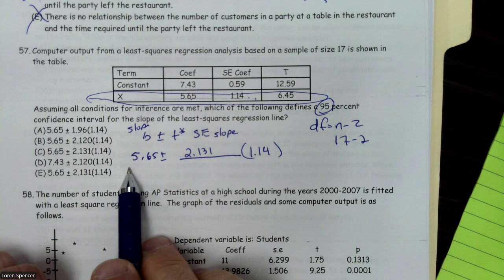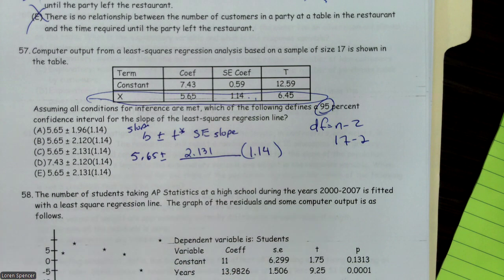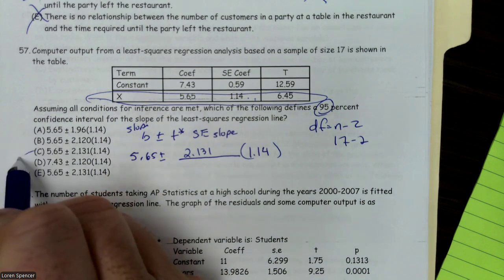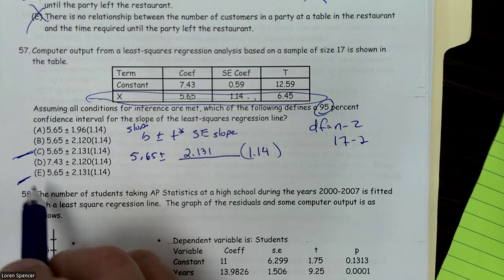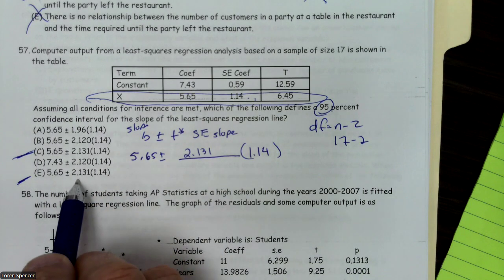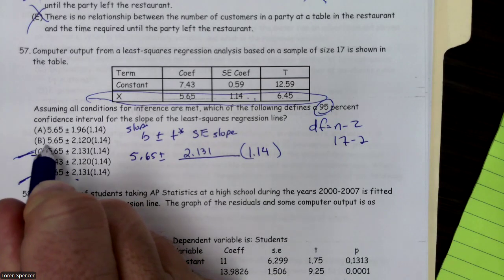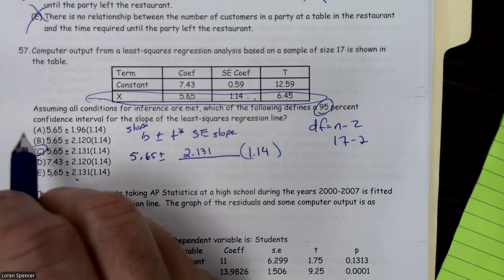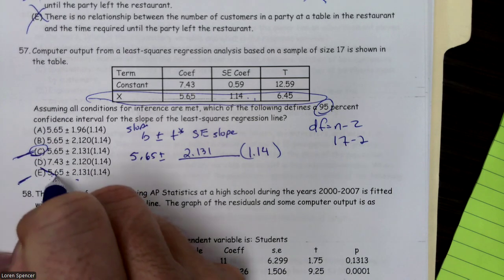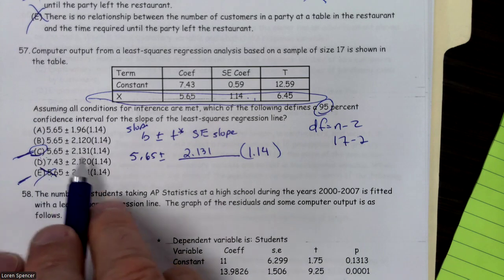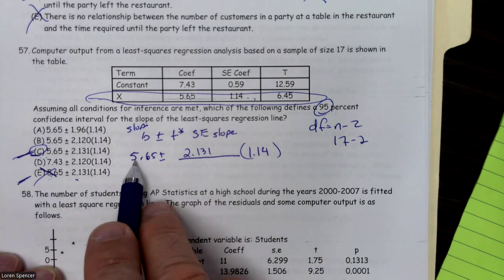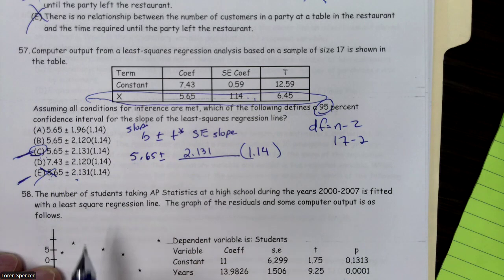So, well, wouldn't you know, C and E have both the same answer. So that's a problem. So we're going to go with the one that occurred first and say that this one is an error. So we're going to go with C, but this is the way you do it. And both of those had the same answer.